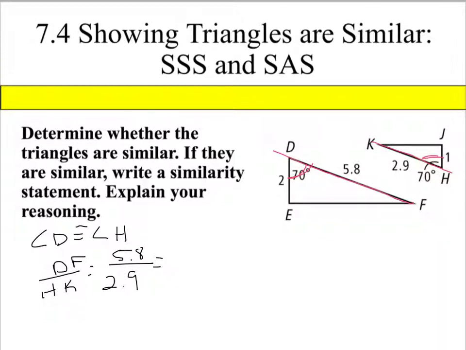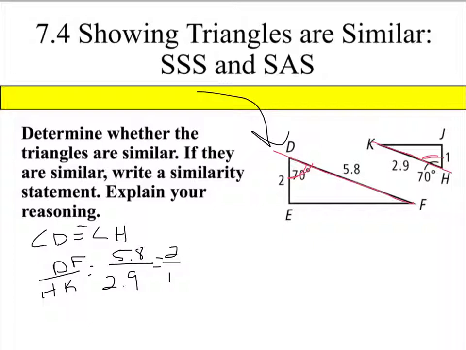When I simplify this down to simplest form, we get a scale factor of 2 over 1. So the scale factor of DF over HK is 2 over 1. In other words, the first triangle is 2 times the size of the second triangle, according to this first ratio. But we have to double check with our second ratio.